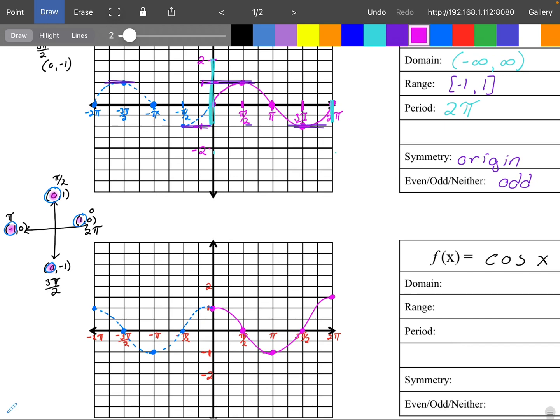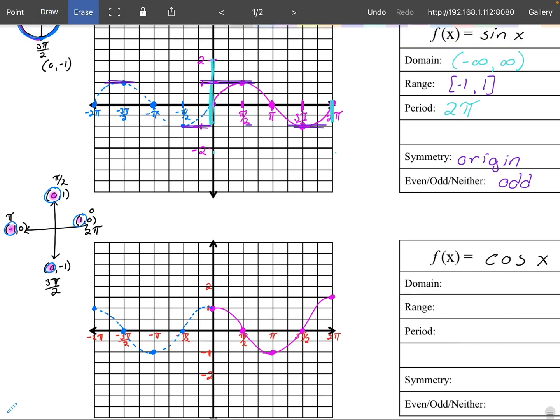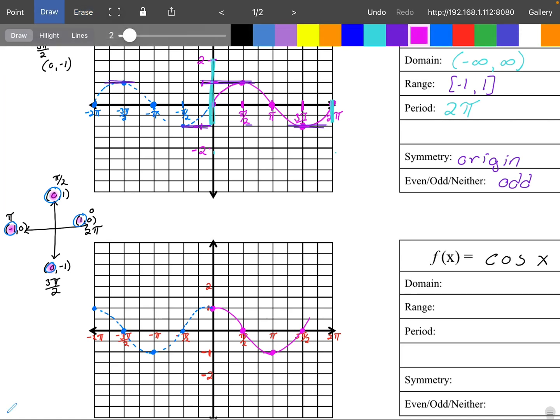Oh, hey, I went up too high on one of those points on the pink. Let's fix that real quick. That should be here. There we go. That looks better. Okay, so we have the same shape for the sine and cosine function. However, it appears as though one is a shifted version of the other.